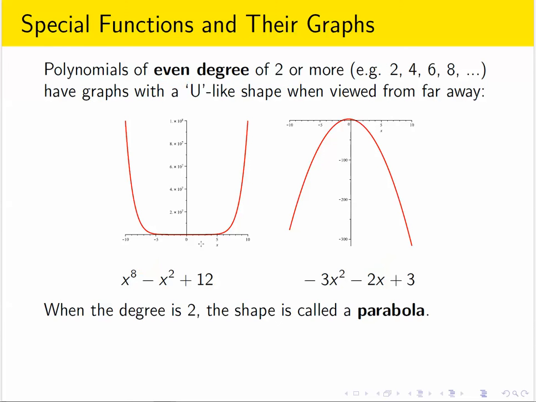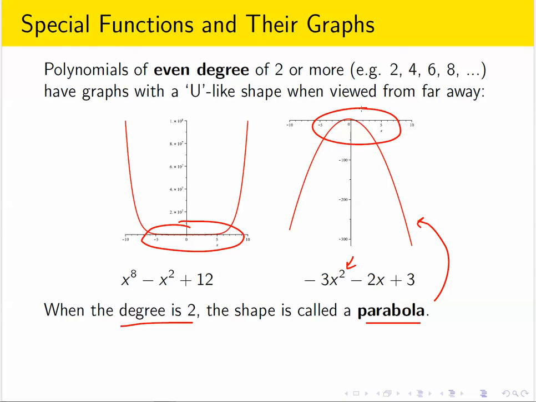Now, if the degree is 2, then that U-like shape has a particular name. It's called a parabola. But that's only for degree 2. Notice that with this degree 8, it's still U-shaped, but it's flattened out a lot more than you get with a parabola.